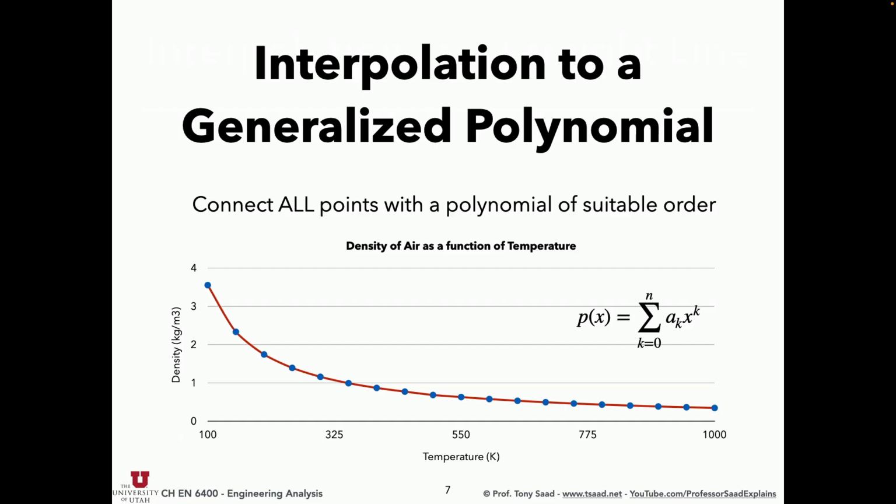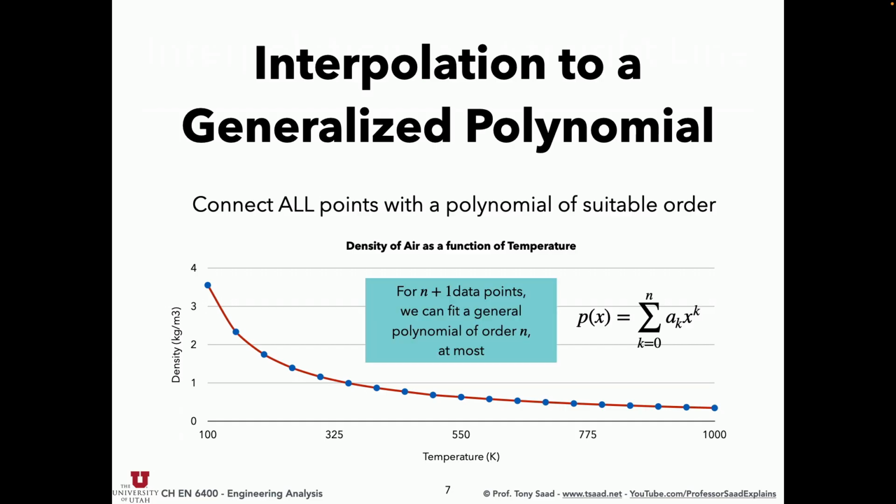In general, you can also interpolate to a generalized polynomial. The challenge, though, there are many issues when interpolating to a polynomial, is that when you take an entire data set, your order of the polynomial needs to be very, very large, especially if you have a large data set. In general, for n plus 1 data points, you can fit a polynomial of order n.